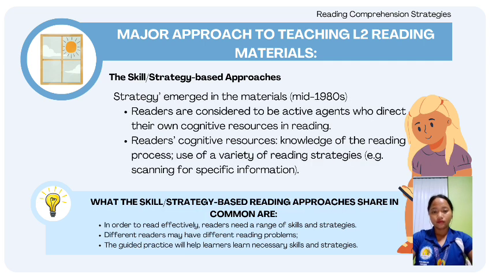So around this time in the mid-1980s, reading instruction shifted towards reader-centered approaches where readers were seen as active agents who direct their own learning. So readers must actively use their cognitive resources such as prior knowledge of how reading works and a variety of reading strategies including scanning for key information and making predictions.